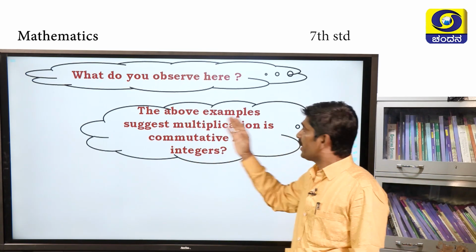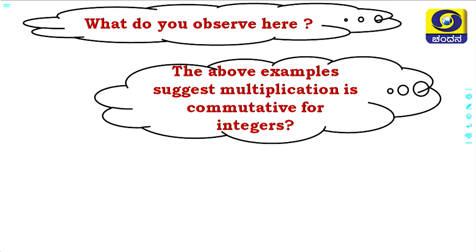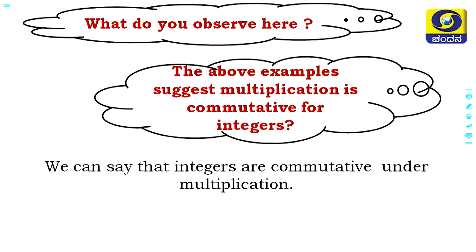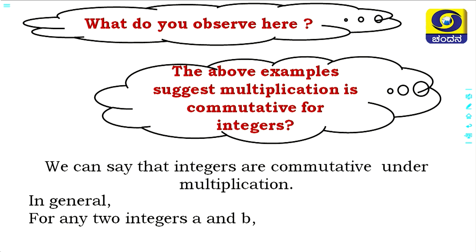The above examples suggest that multiplication is commutative for integers. So we can say that integers are commutative under multiplication. In general, for any two integers a and b, a into b is equal to b into a, that is commutative under multiplication.